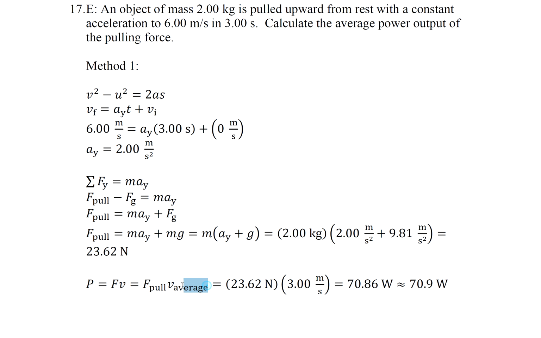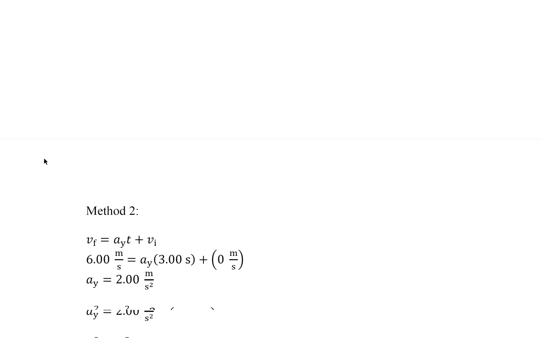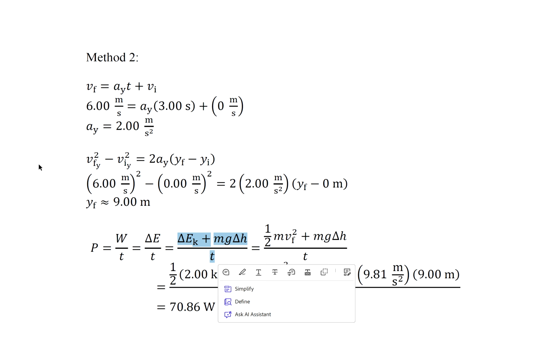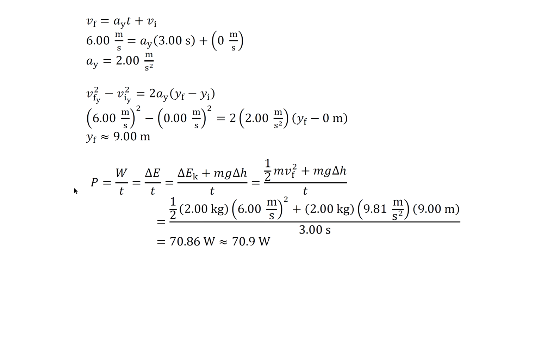So it says V average. Method 2, we could solve for a sub y. Then we could solve for y final. Then we could use this equation. Delta E sub k plus delta E sub p in the numerator.